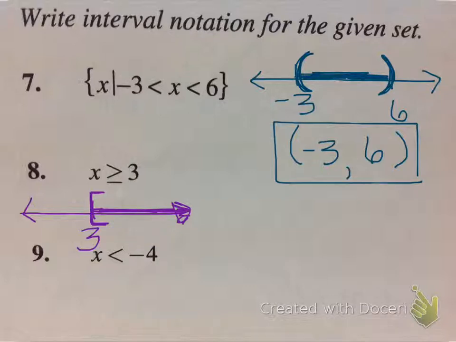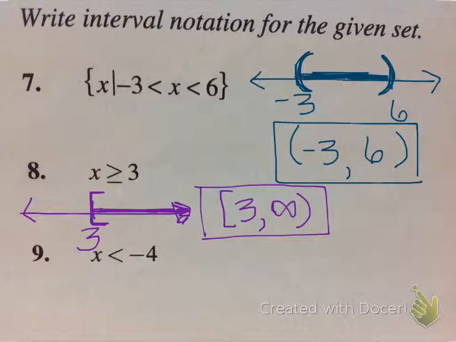So what would this look like in interval notation? Well, I'd have my bracket. The lowest it can be is 3, comma, what's the highest it can be? Well, positive infinity. So that's my interval notation for number 8. Number 9, again, I like to graph it. It gives me a really good visual. I have less than negative 4, so less than would be a parenthesis.